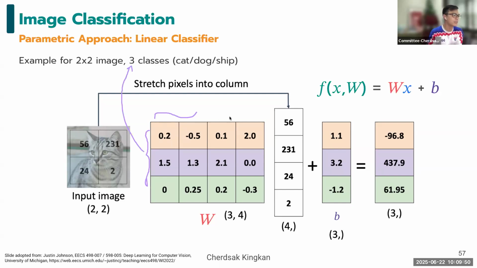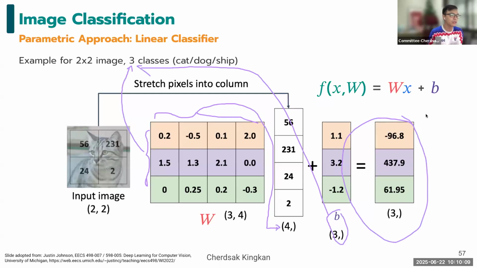The number of columns here will be equal to the total size of the feature vector. And the bias term is just a vector whose size is equal to the number of classes. And this is the score of each class after we perform the matrix-vector multiplication and then add the bias term.